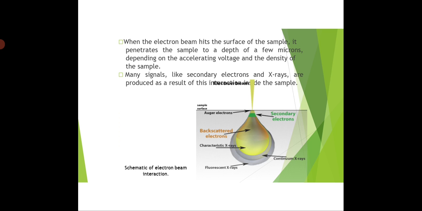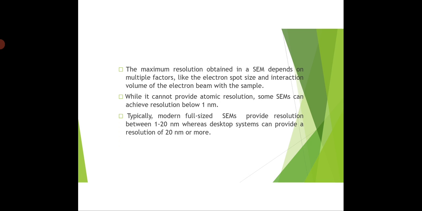These electrons hit the surface of the sample and produce scattered electrons, which are secondary electrons, then deep inside backscatter electrons, then characteristic X-rays, then continuum X-rays and fluorescence X-rays. The maximum resolution obtained in a SEM depends on multiple factors like the electron spot size and interaction volume of the electron beam with the sample.